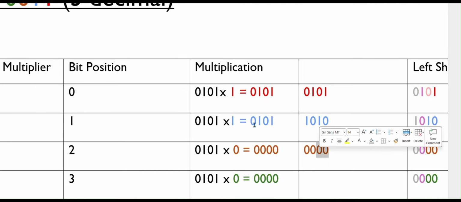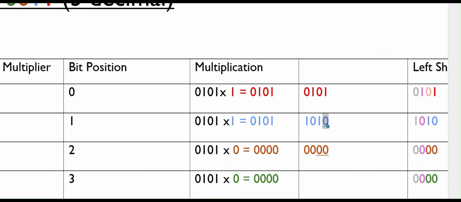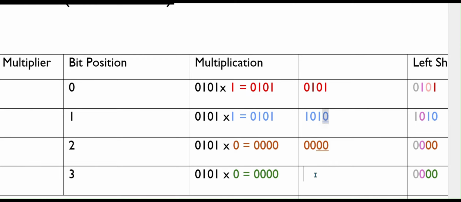Control U, like this. Beautiful. And this is the new bit that came in, so we can identify the new bits. Here I'm going to shift how many times? 3 times. So these first 3 are going off, and new bits are filling it, and the new bits are all 0. So here I fill it with this new bit.